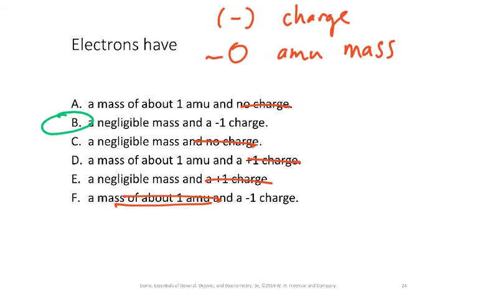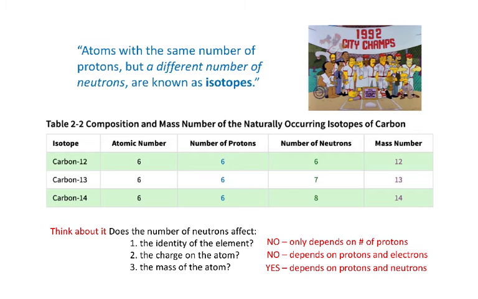All right, let's get on to the next topic, which is isotopes. Atoms with the same number of protons, but with different numbers of neutrons, are known as isotopes. So remember, the identity of an element depends on the number of protons. We're going to see here that the mass number depends on the number of protons plus neutrons.